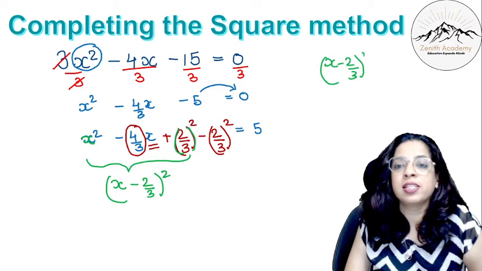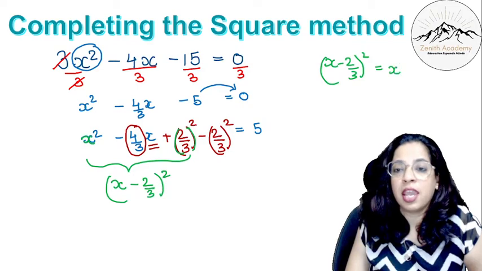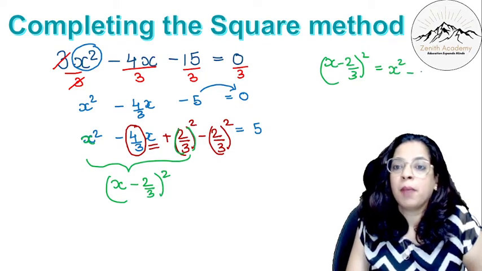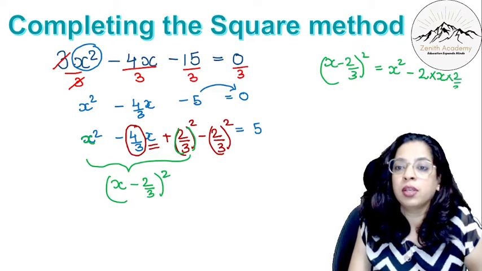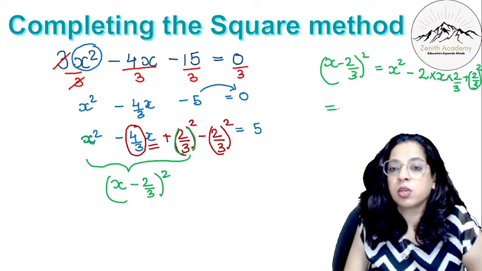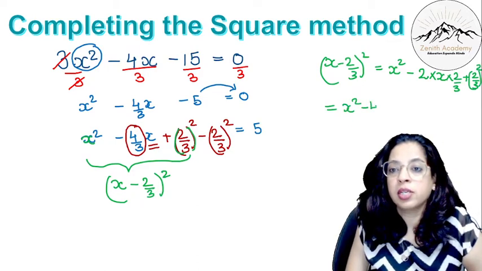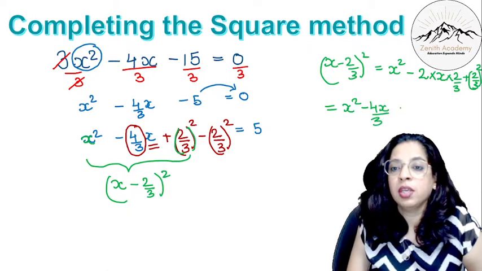Let's expand it and see. So this is x square minus 2ab, minus 2 into x into 2 by 3, plus b square, so plus 2 by 3 whole square. So this is equal to x square minus 4x by 3 plus 2 by 3 whole square.